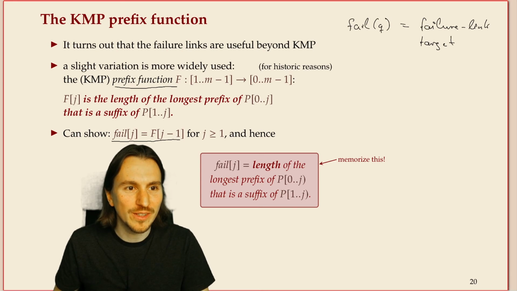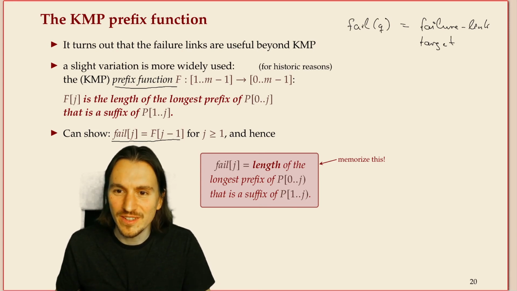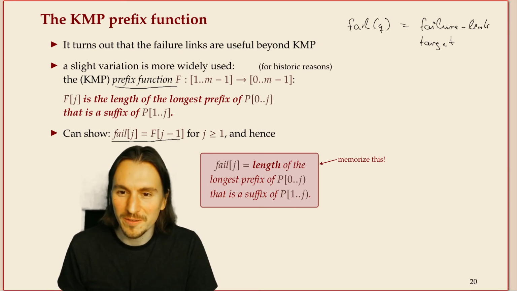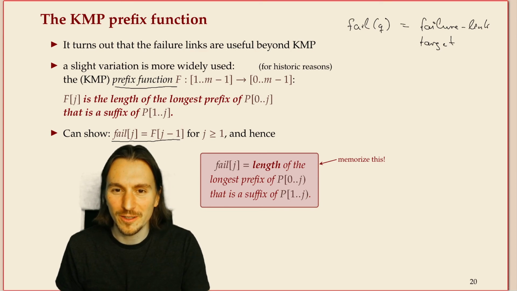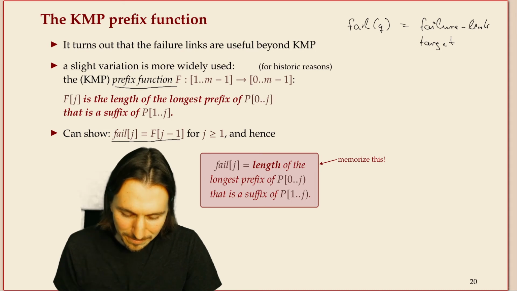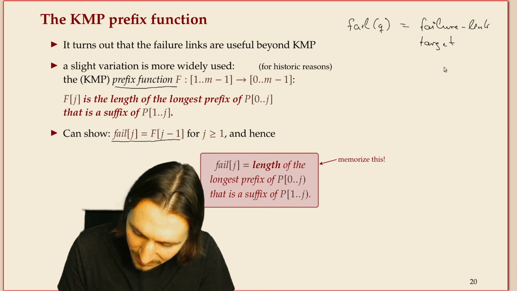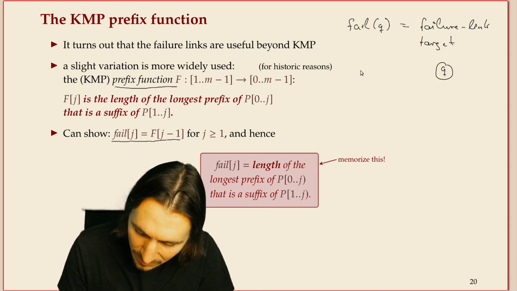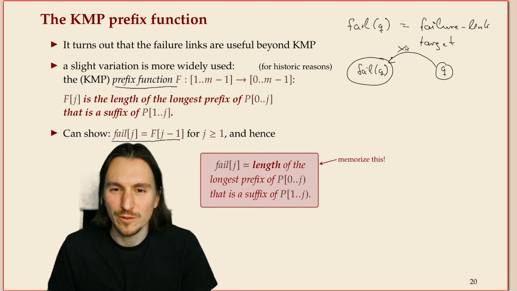So I want to briefly discuss this here as well, just so that you're aware of the notation and can relate to this. So again, let me indicate this here to make the connection. This is how I defined the fail function.